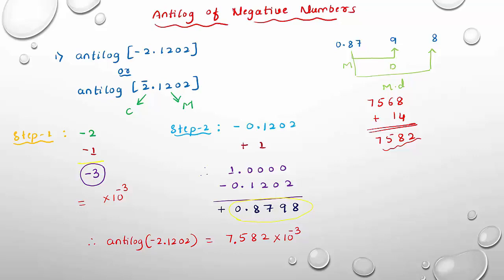Again I am going to consider one more example. Now you can observe here. The second example: the antilog of the number minus 4.475. Now you can write them separately. Here the first part is minus 4 and the second part is minus 0.475.